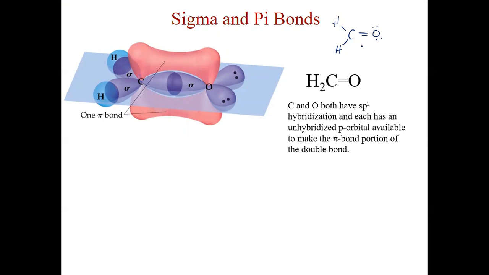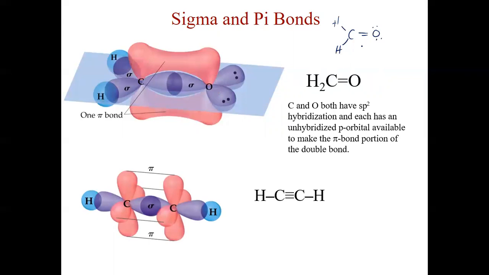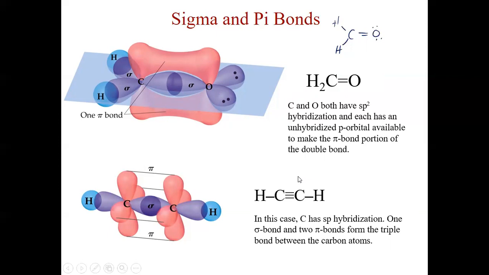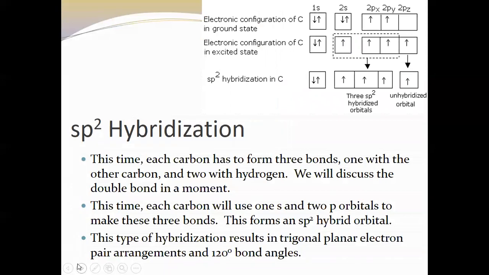So C and O both have sp2 hybridization, and each has an unhybridized p orbital to make that pi bond portion of the double bond. Then with C2H2, we have 3 sigma bonds, and then we're going to have 2 pi bonds because of that triple bond.